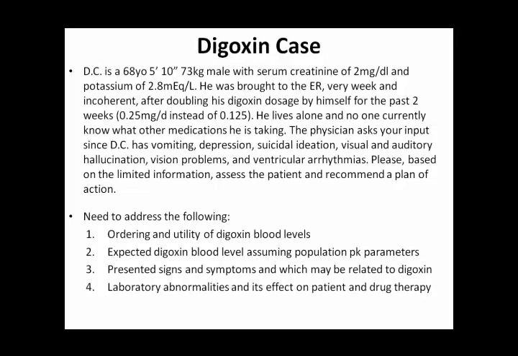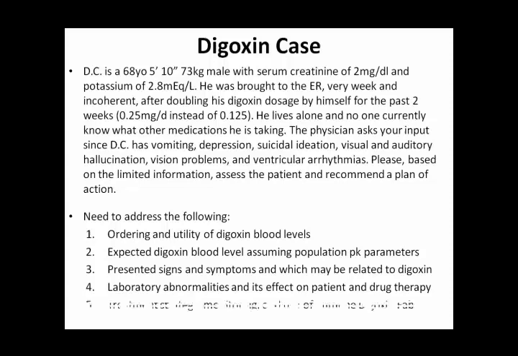Lab abnormality in this patient, we discussed that. Kidney function and hypokalemia. Its impact on drug therapy. Hypokalemia will increase sensitivity to digoxin dose or level. What do we do? We need to see why hypokalemia is there. Are there any other drugs the patient may be taking that are causing this? But we need to correct it if we see signs and symptoms of hypokalemia. And the same thing with digoxin, we need to act upon it.